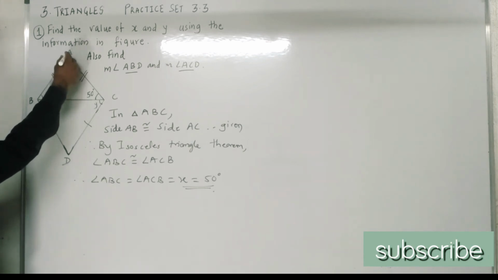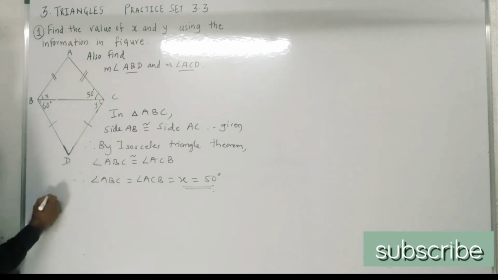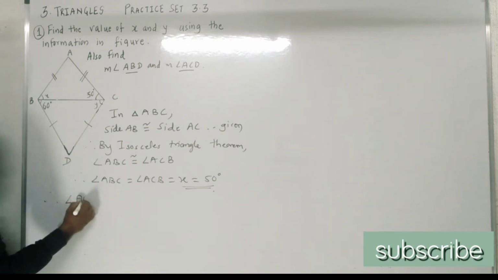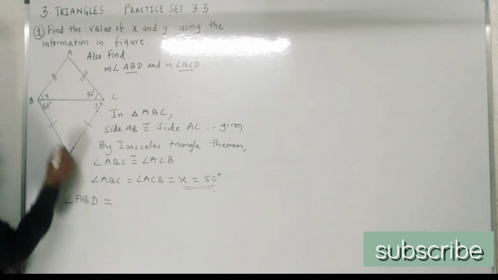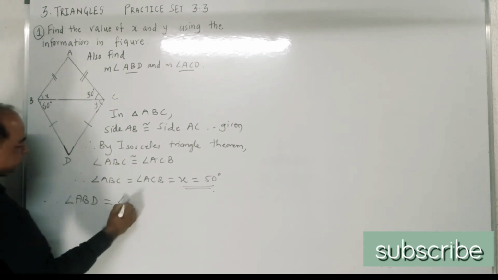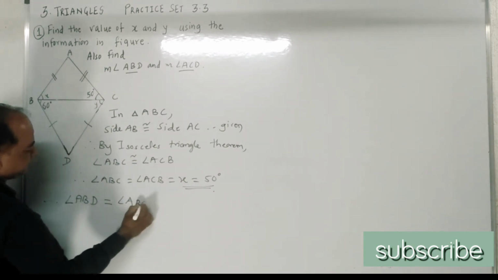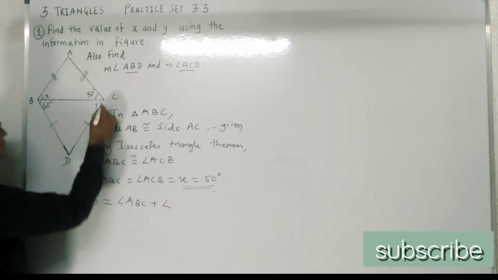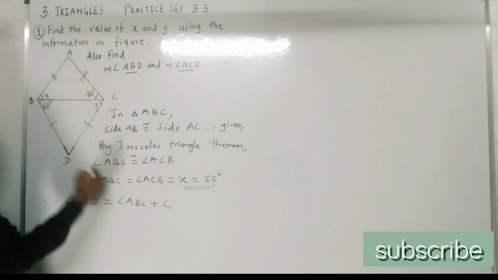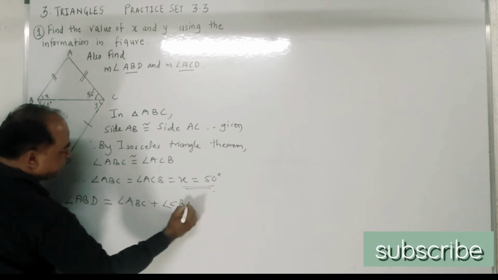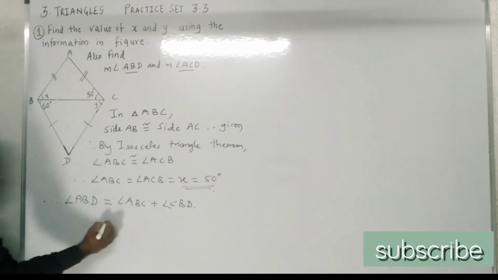Now, angle ABD is equal to angle ABC plus angle CBD, by the angle addition property.